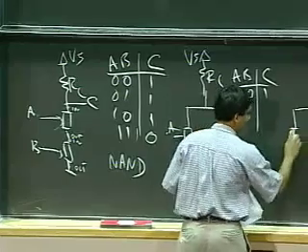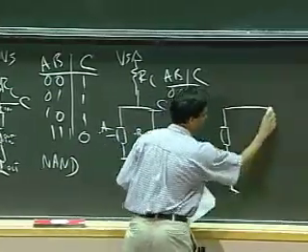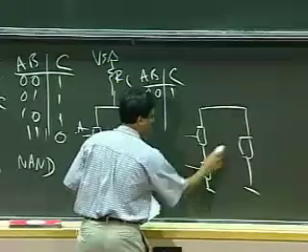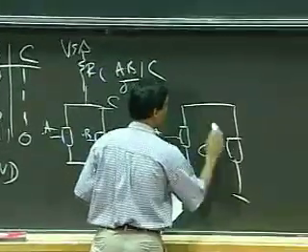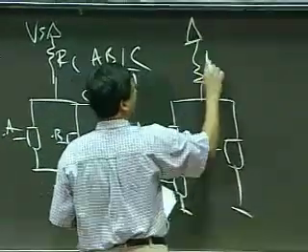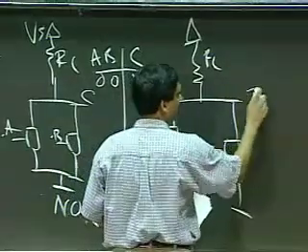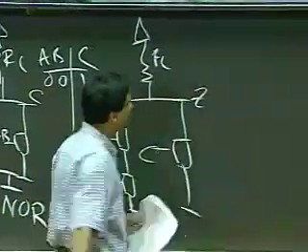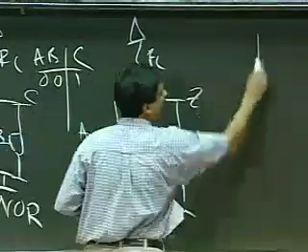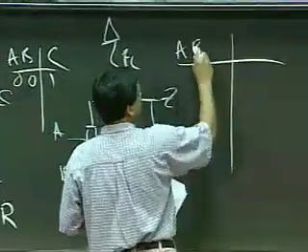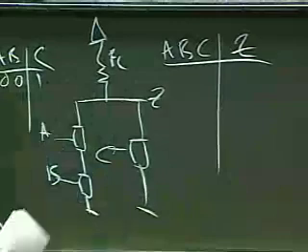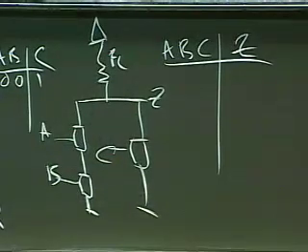So let's say I build something that looks like this. So you can write the truth table for this, or you can look at this and write down the function that this one supports.